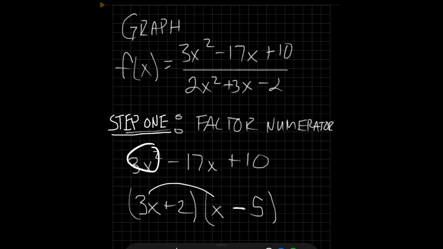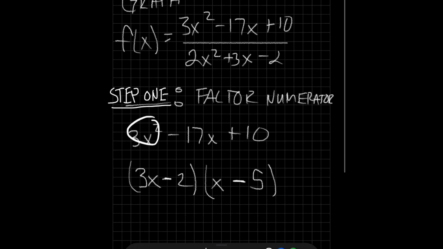That would give me 3x squared, then negative 15x plus 2x, so that'd be negative 13x, and this would give me negative 10. Oops, that's not going to work. So what I need to change is this last value to be a negative sign, because that's how I get the negative 10, as I'll have a negative times a negative. And we've done it. So that's the numerator.